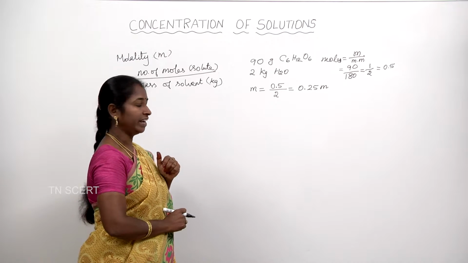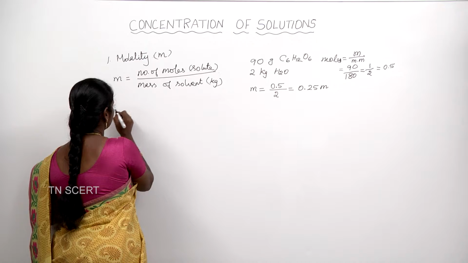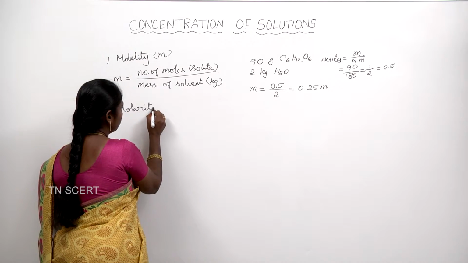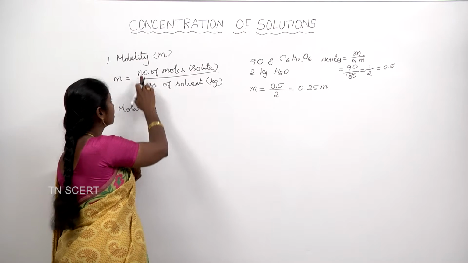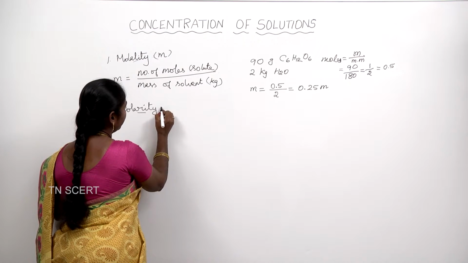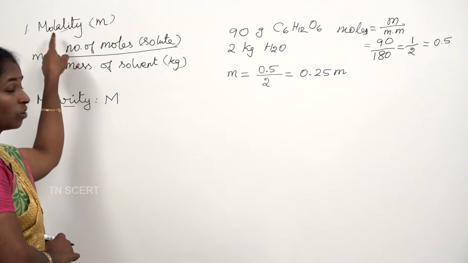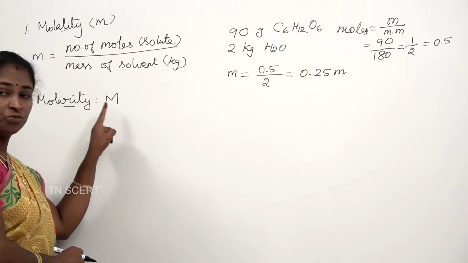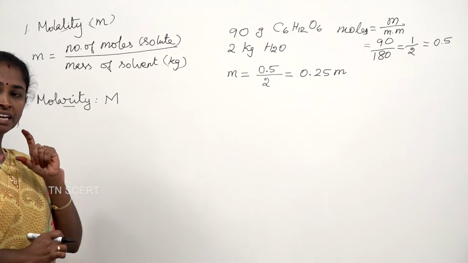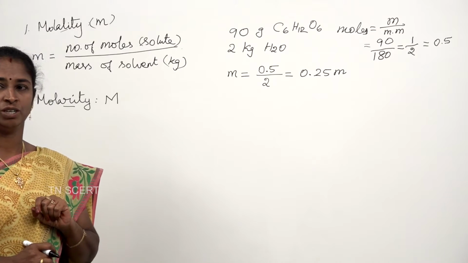Now, let us move to the next, molarity. This molarity, just one letter is different, it is molality, this one is molarity. It is denoted by the letter capital M. So, small m for molality and capital M for molarity. What is molarity? It gives the number of moles of solute present in 1 liter of the solution.